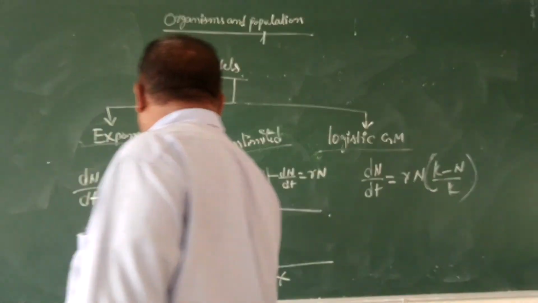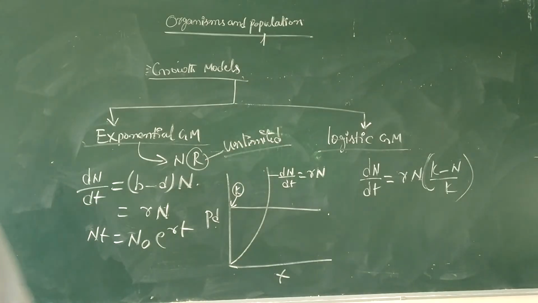Here K is called the carrying capacity. Carrying capacity means every ecosystem, environment or habitat has limited resources to support a particular maximum number of individuals.